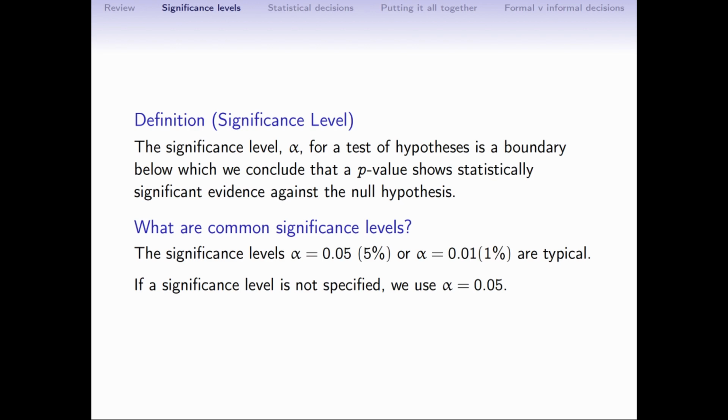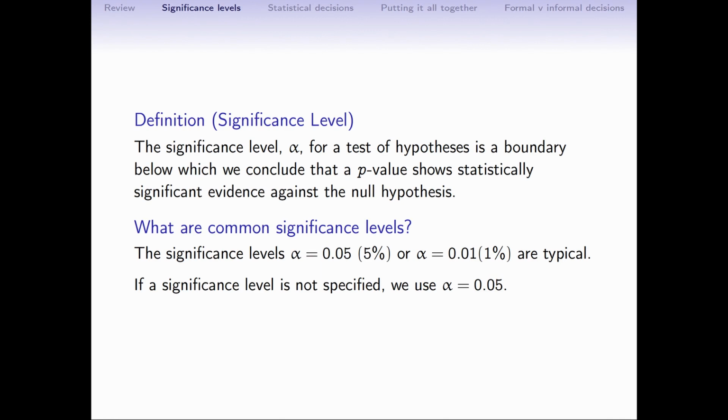So what are some common significance levels? The significance levels of alpha equals 0.05, 5%, or alpha equals 0.01, 1% are typical. Now, if a significance level is not specified, we will use alpha equals 0.05 or 5%. That's a very common level of significance.